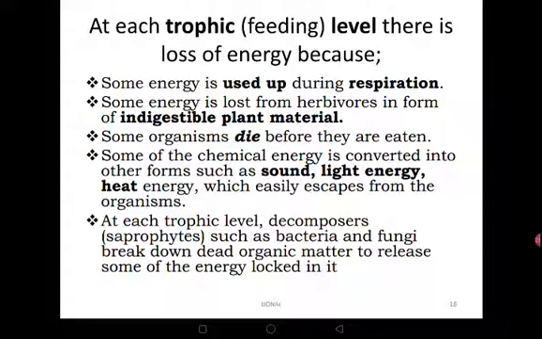So the reasons are here. The first one is some energy is used up during respiration. So even green plants carry out respiration, and some energy is lost there in the process. So only little energy is passed. That's one. Then two, some energy is lost from the herbivores in the form of indigestible plant material. Remember, when the herbivores eat the green plants, there are some parts of the green plants that cannot be digested, and they pass it.